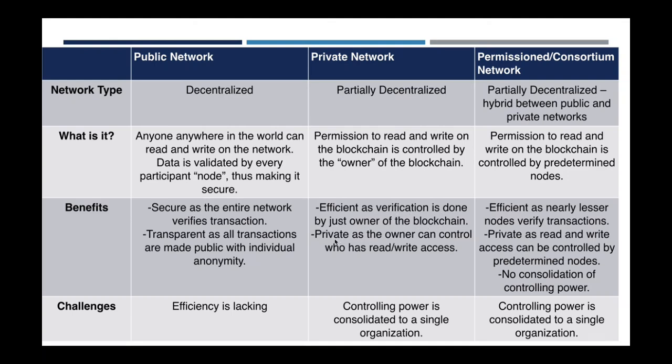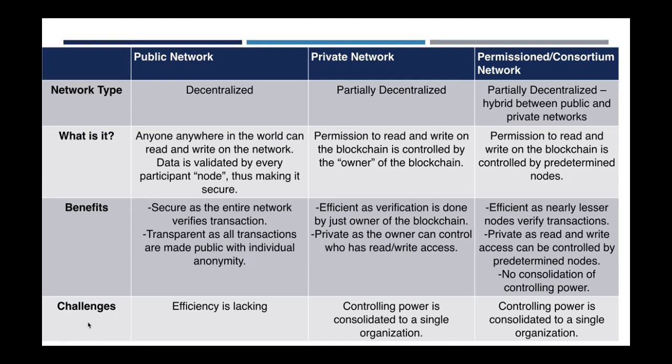So only the owner has access to read and write. In the case of a consortium, the benefits are that it is also efficient, because only a known number of nodes who form the consortium can verify the transaction. So the read and write authority is distributed among predetermined nodes.